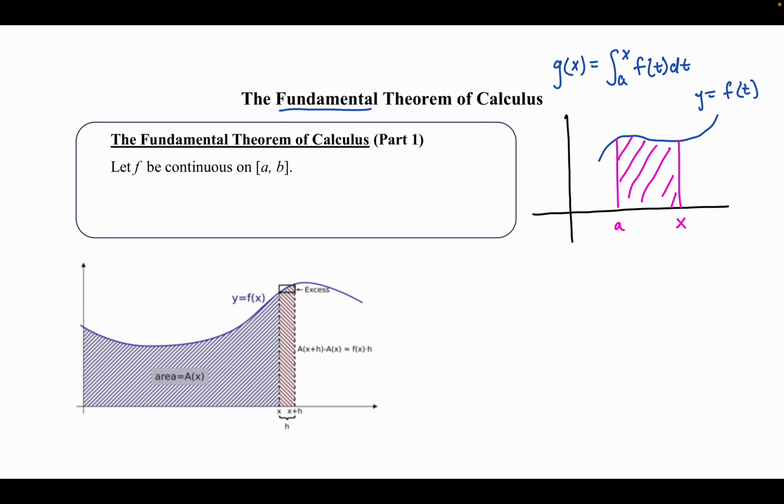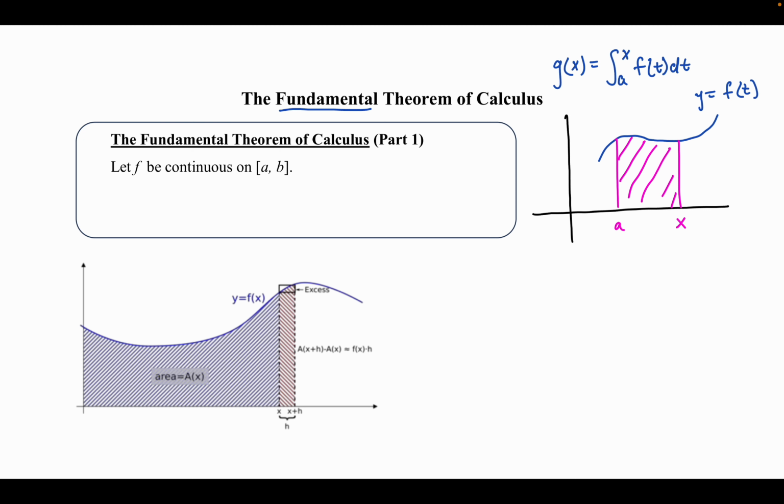The only reason for doing f of t dt is so that it's a different variable than x. g of x means that x is the upper bound, that's our variable. f of t is just the function, and we write it in terms of a different variable so we don't get the two confused. So g of x is our function that finds the area under the curve of f of t for different bounds, starting with a, but with an upper bound that changes depending on what we want.